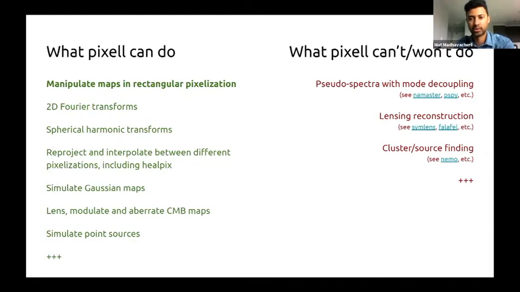What it cannot do are things like proper cosmological precision pseudospectra, the kind that you would need to calculate power spectra in the papers that we just released. There are other software for that. It also cannot do things like lensing reconstruction and cluster source finding. But it does form the backbone software that many of these software on the right side use.